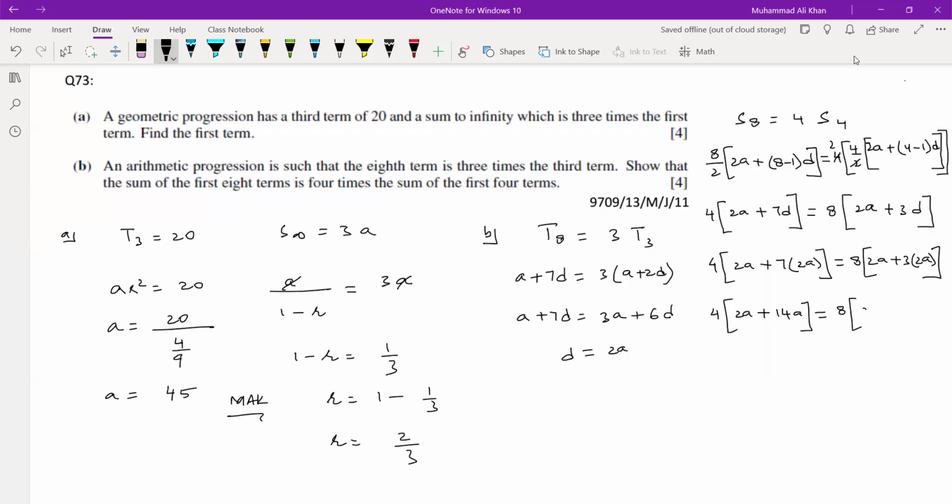In the bracket, we have 2a plus 6a. 14 plus 2 is 16 multiplied by 4 is 64a. 6 plus 2 is 8. 8 8s are 64a. Right? We have to prove the left hand side is equal to the right hand side.